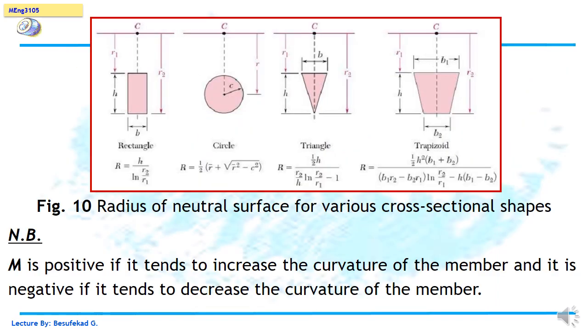So these are different sections. Equations of R, I mean, the equations that help us find the value of R for different sections: trapezoidal, triangle, circle, rectangle.